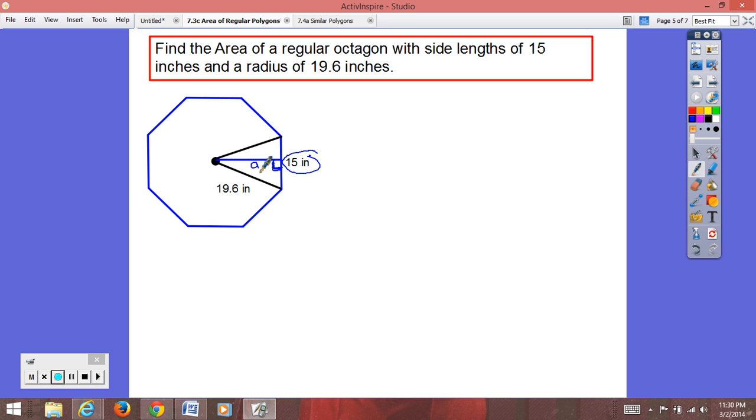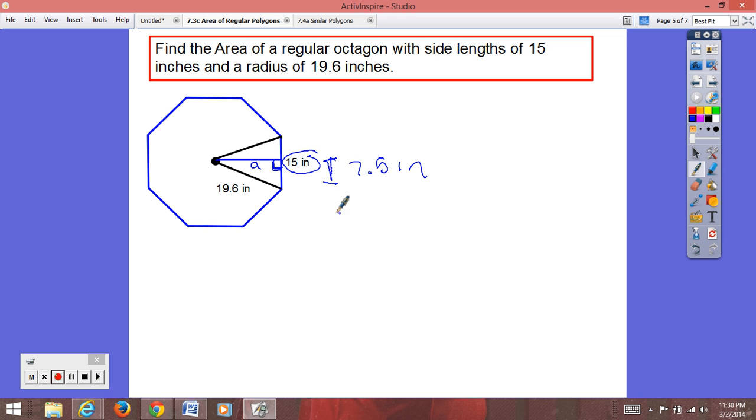We want to know what a is, and this little segment right here is half of 15, which is 7.5 inches.